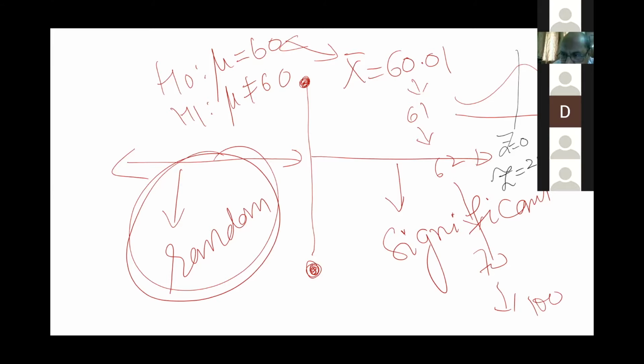Then this area will be called my probability value. So the probability value is the tail probability corresponding to the actual value of the statistic which we got from our sample. Okay, is that clear? And the smaller it is, the more significant the difference, and we must reject our null hypothesis. Is that clear? Right, good.